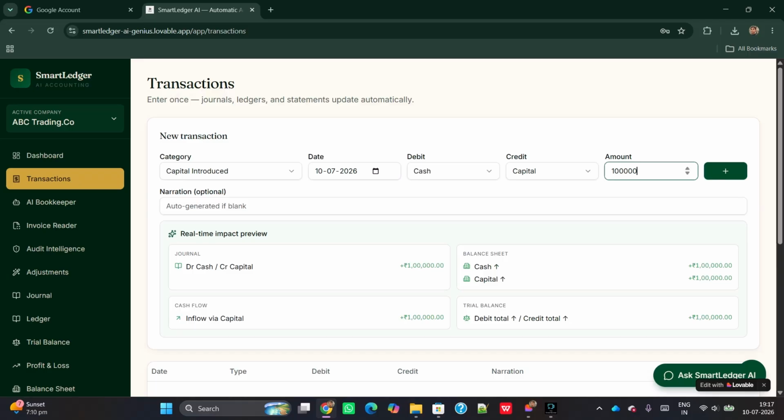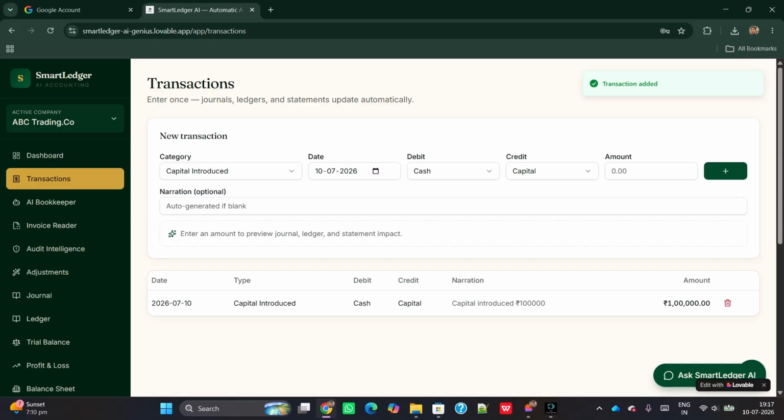If we want, we can add the narration, and it is optional. If we don't add it, the narration is automatically created. So let's add the entry. Yes, the transaction is added. We can see down here that the transaction is also added. So we have introduced the capital.